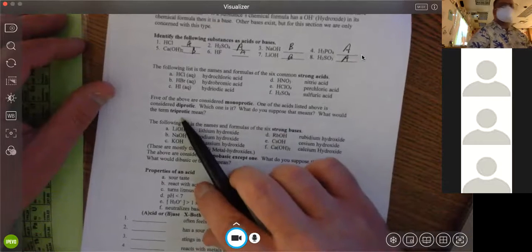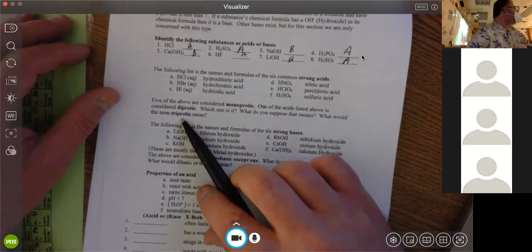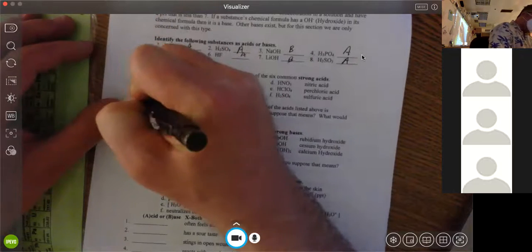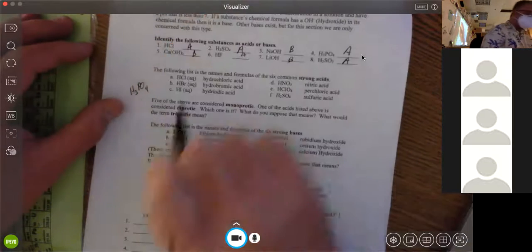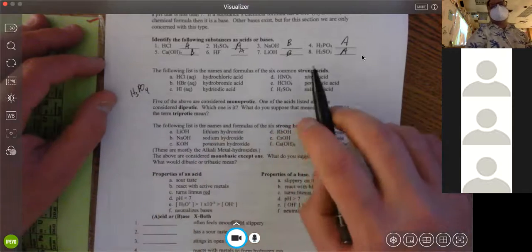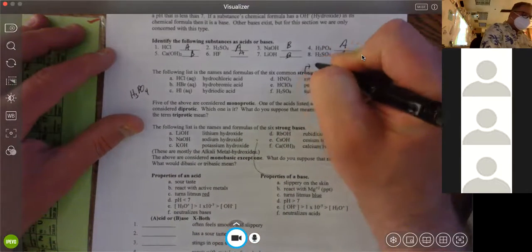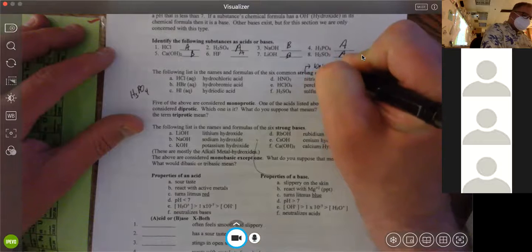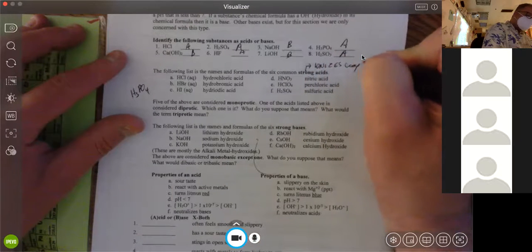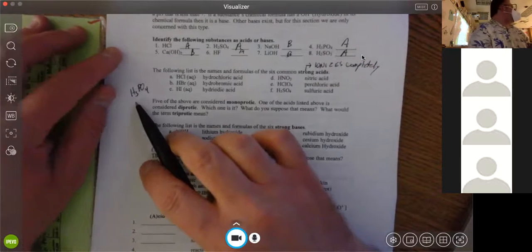What would something that is triprotic be? It would have how many hydrogens? 3. H3PO4. Now, this is not one of the strong ones. What does it mean to be strong? Strong means that it ionizes completely. This does not ionize very well.